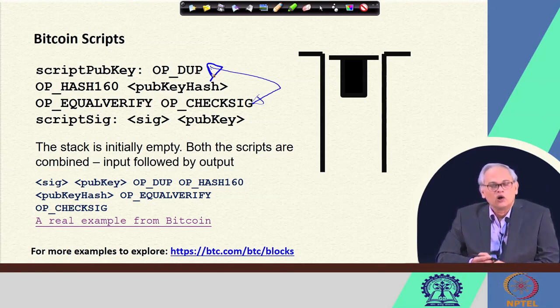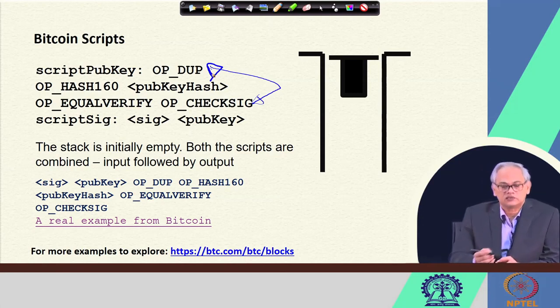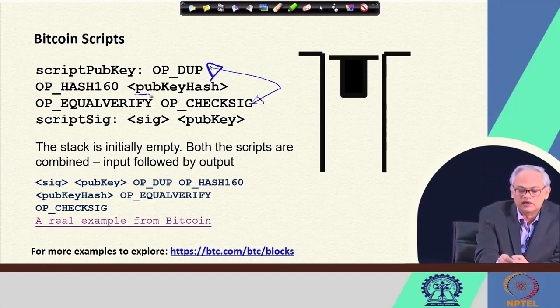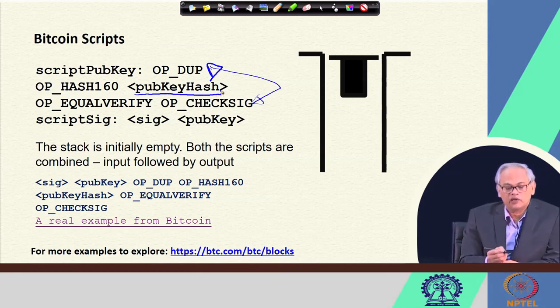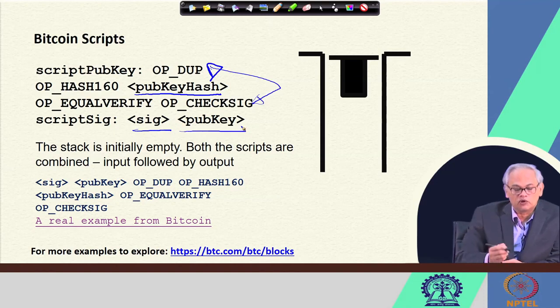OP_HASH160. These are the keywords in this scripting language, and then also there are certain constants, which we denote here in angular brackets like pub key hash, and then we have this sig and then pub key and so on.